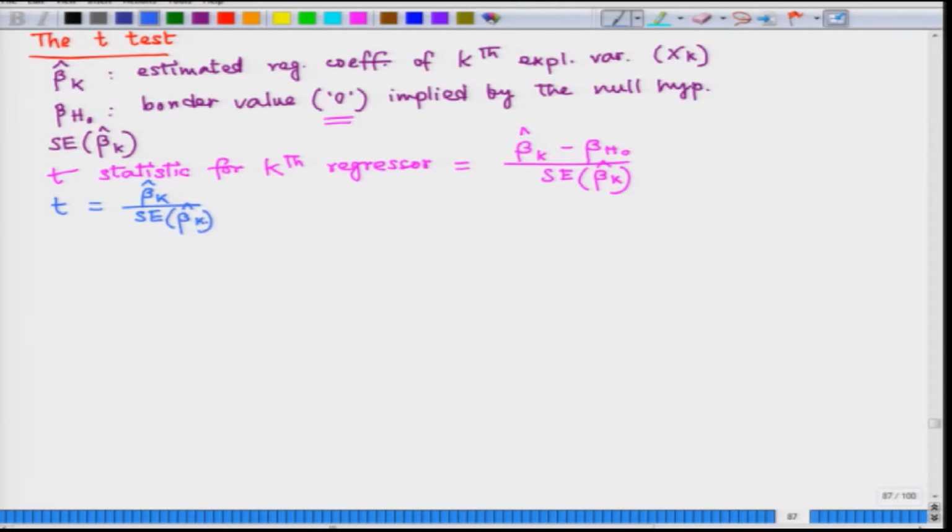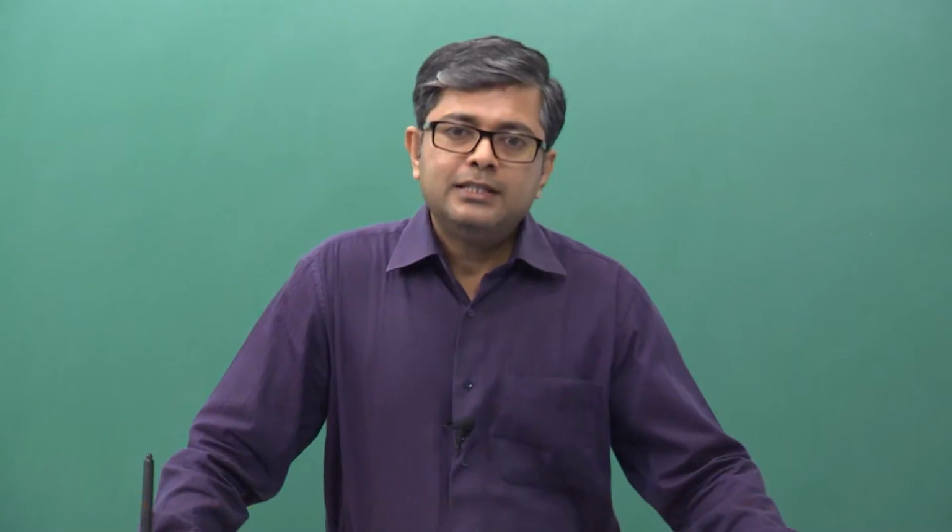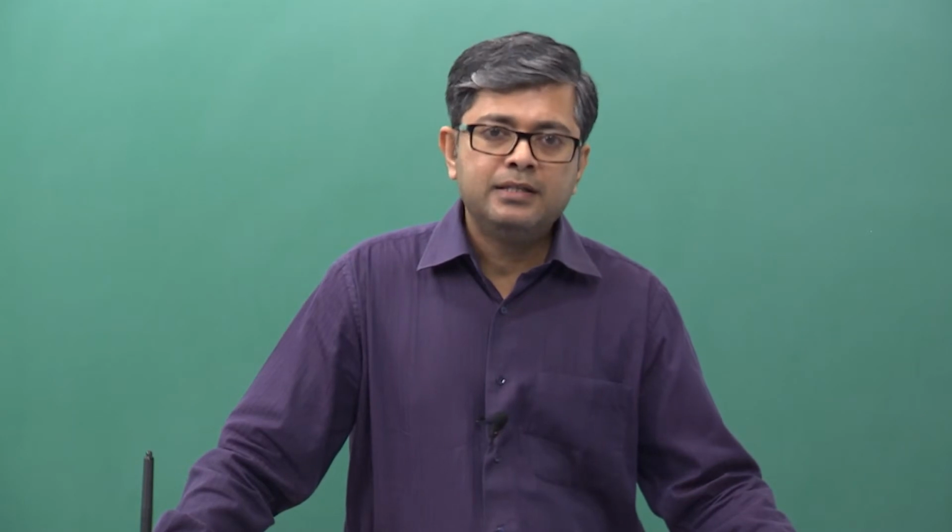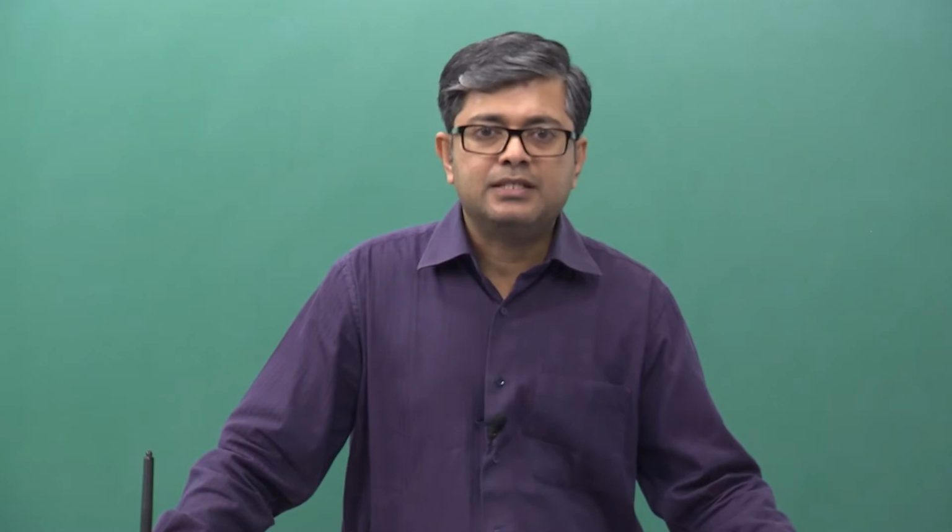Right. Okay. So, this is the test statistic that we talk about while doing hypothesis testing in the linear regression context in order to check whether a particular explanatory variable has some statistical association with the dependent variable or not. So, now let us look at the critical value of this T statistic which is used in practice to determine the outcome of a hypothesis test.